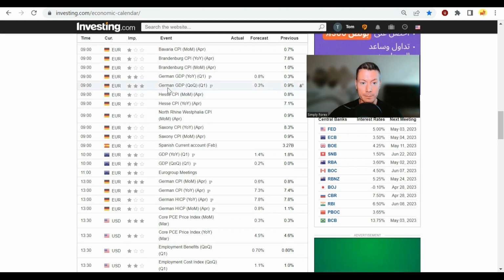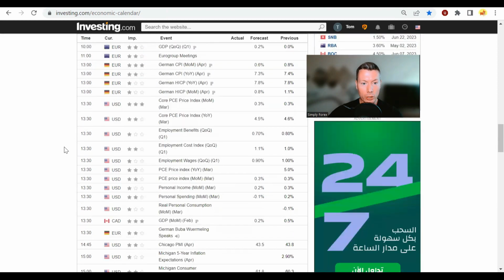So these could be just as important, guys. Could really move the euro. At 1 o'clock, we also have CPI coming out of Germany. So lots of important data coming out of the euro today, guys. So might make the euro a little tricky to trade. Must keep an eye on this news if you're in any euro pair.